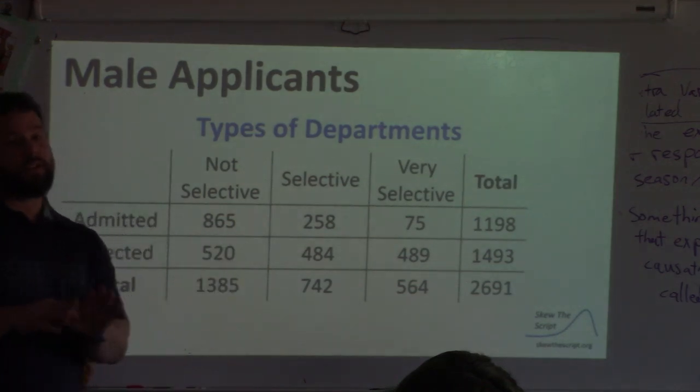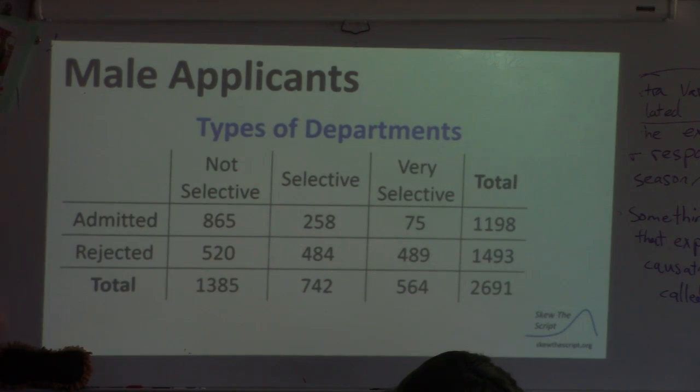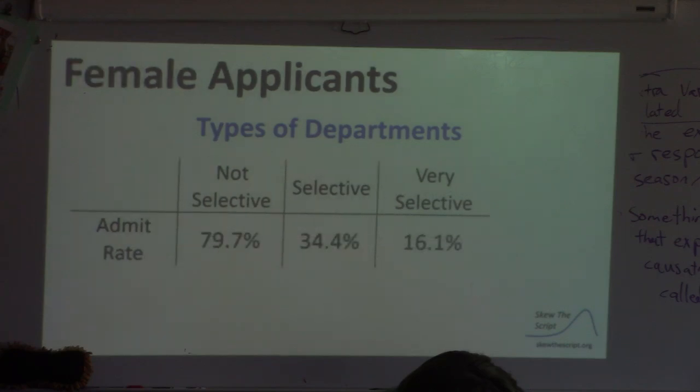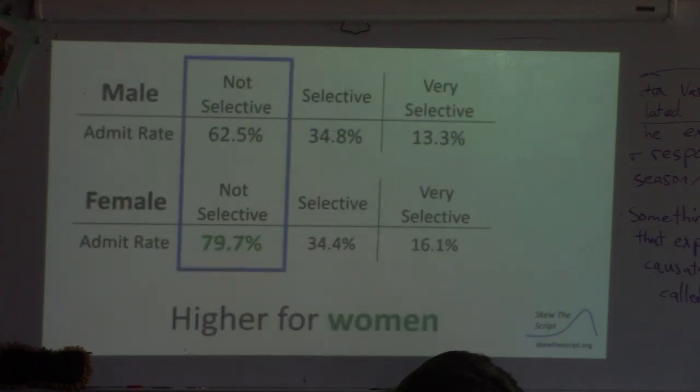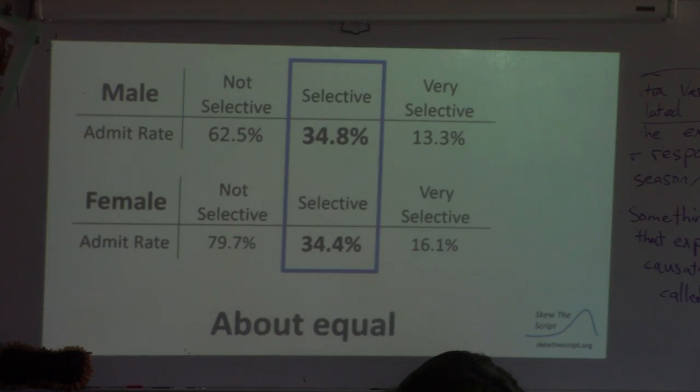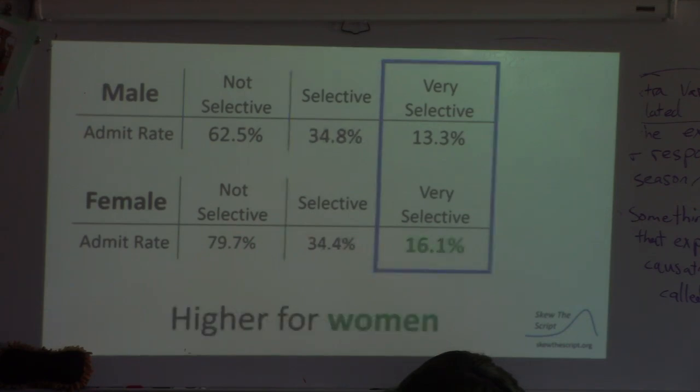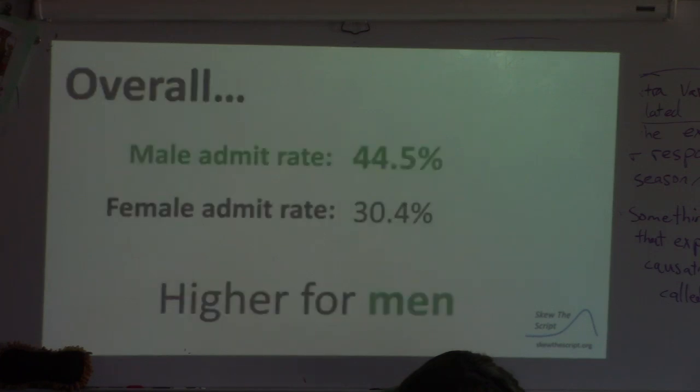That's why I said you can't just look at the aggregate data, all of it. You need to dive into the pieces of it. So what Serena was noticing is the women were at a higher rate there, about the same here, and higher there, and that created this situation where more men overall were admitted.